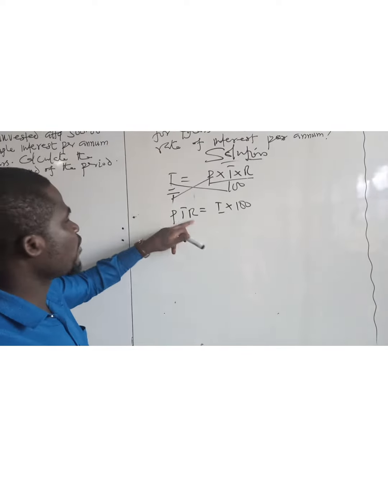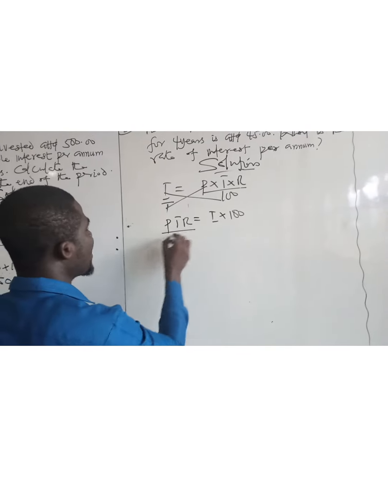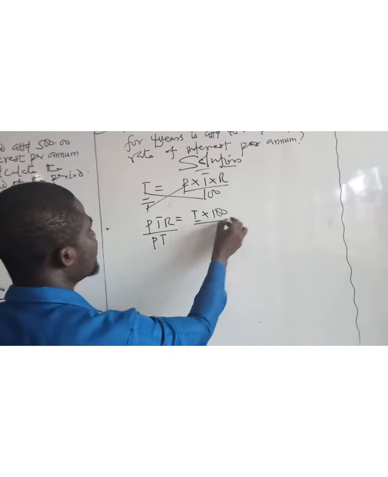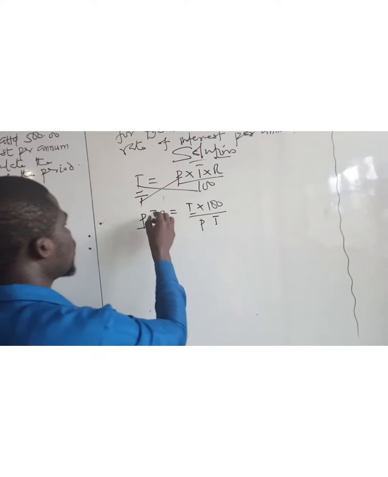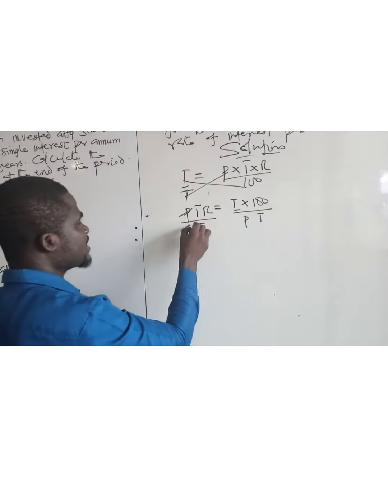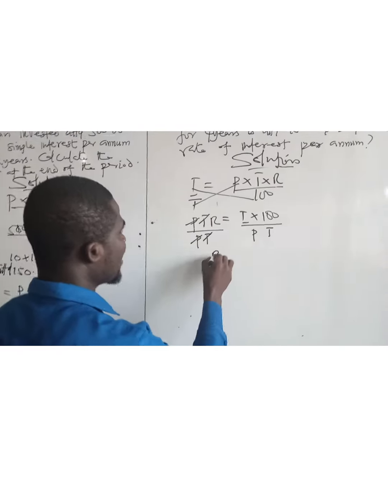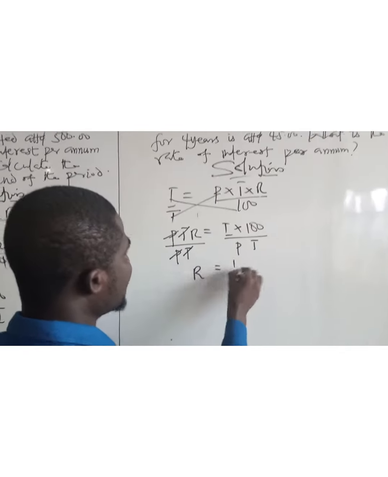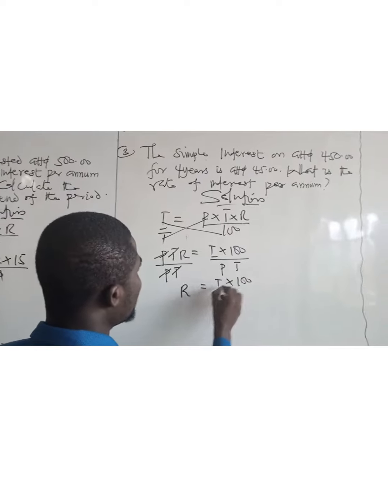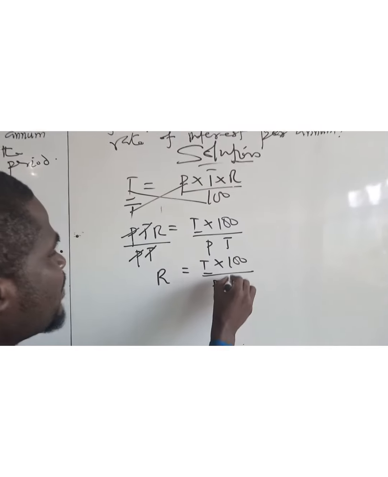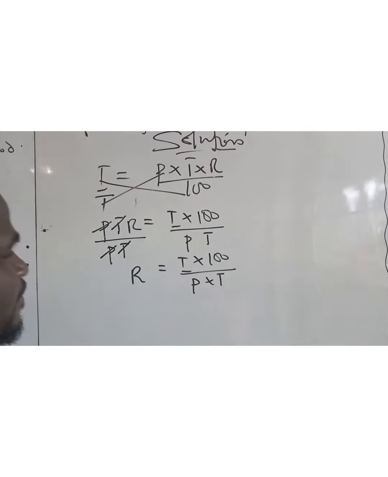Now, since we are looking for rate, divide both sides by PT. So, P will cancel P, T will cancel T. We have rate is equal to interest times 100 all over principal times T.